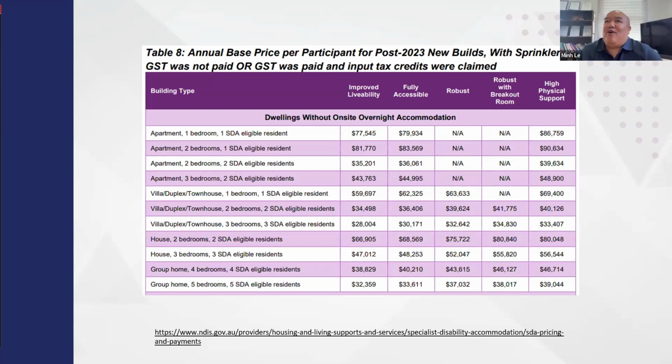Debbie, what is the theory behind the location factor? Because sometimes you and I can't even figure out why they have it. For example, North Perth is lower than Southeast Perth, different areas. Why is that? So when they did the price review back in 2023, they published a long document. I'm sure you can find this on the NDIS website somewhere still, going into the methodology behind creating those location factors.